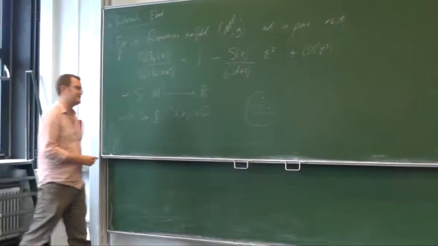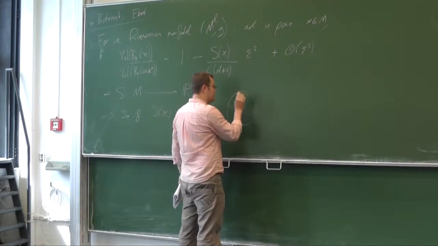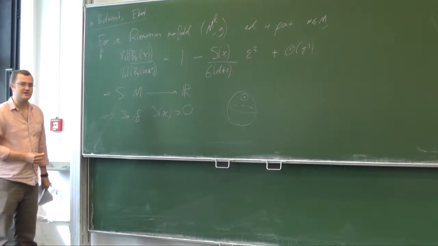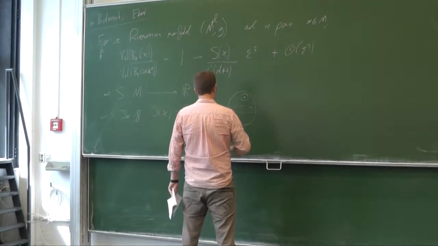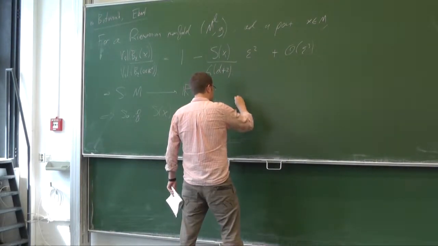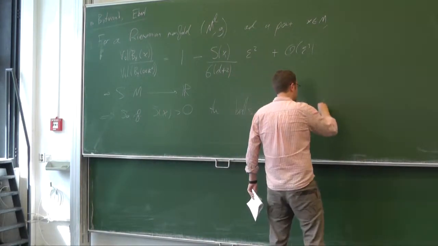In fact, if you take the whole upper hemisphere, it's quite a bit smaller. But any ball you take on a round sphere has a little bit less area than the Euclidean ball of that radius. So if it's positive, then balls are smaller than Euclidean balls.